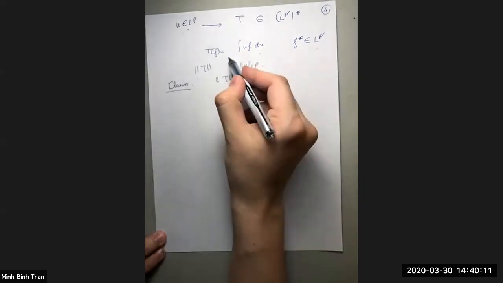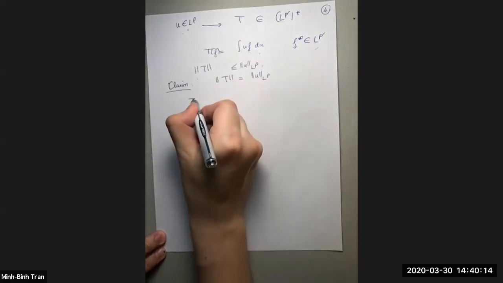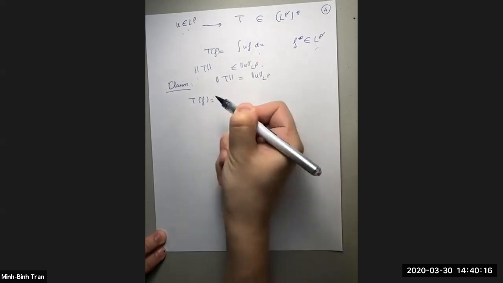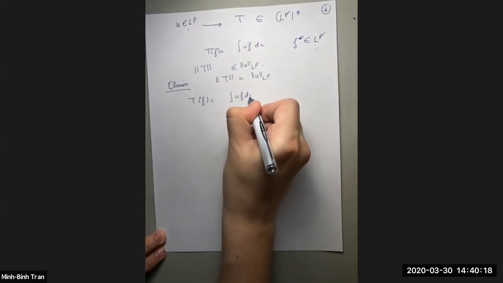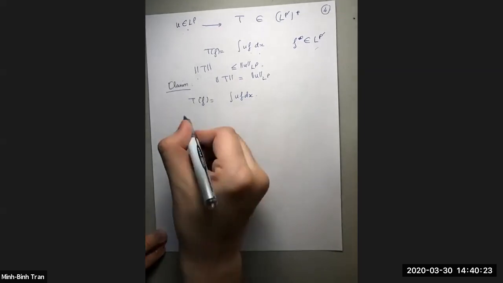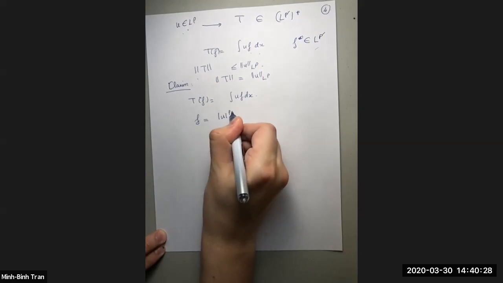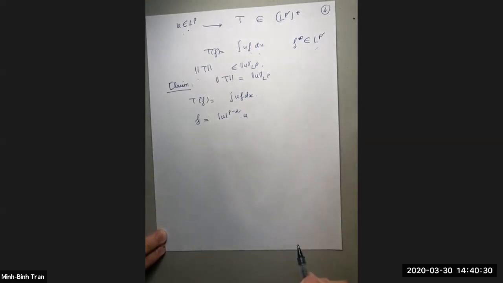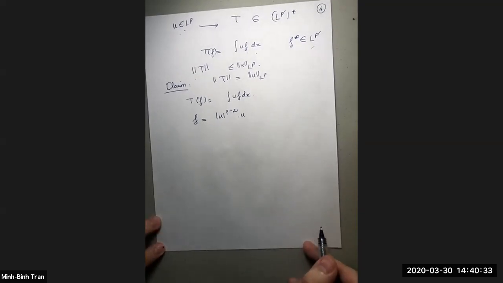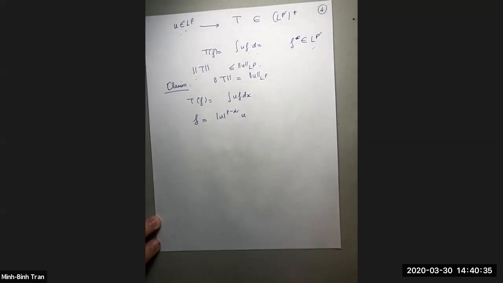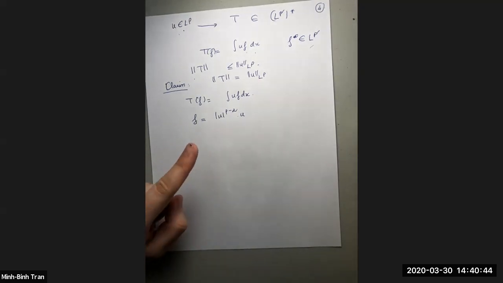So now I go back to the definition of this function, right? And I'm going to consider this f. So the f will be |u|^(p-2) times u. I consider a very special value of the function f. F is going to be |u|^(p-2) u, right?